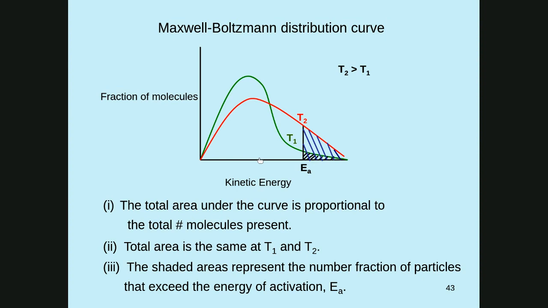But if you consider all of them together at any one time, the distribution will be stationary and will depend upon the temperature. At higher temperatures you expect to find more molecules in the high energy region, and you also expect a general shift in the maximum or the average of the distribution to higher values. So, in particular for the case of a reactive gas, if you consider pairs of molecules colliding, the number of molecules that have sufficient energy exceeding the potential energy barrier EA is given by the shaded area under the curve beyond EA.